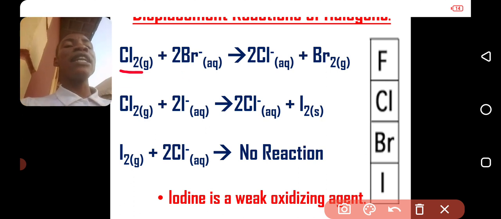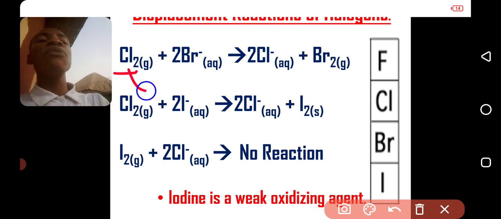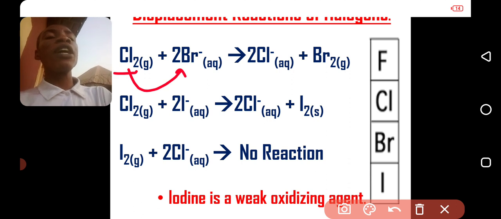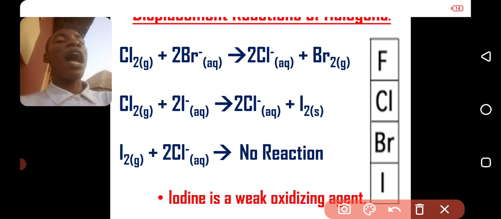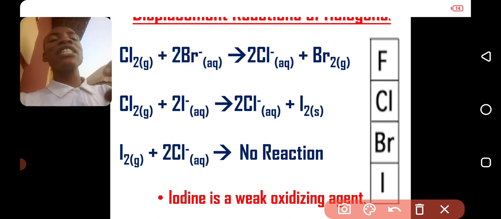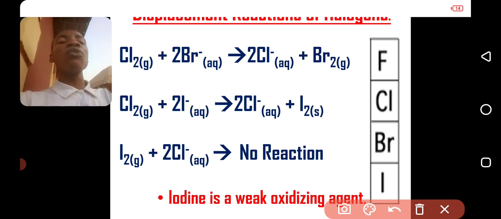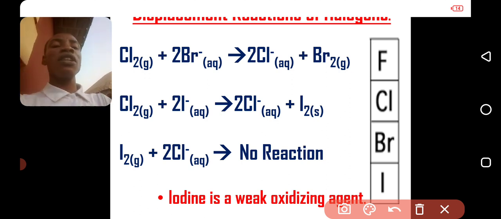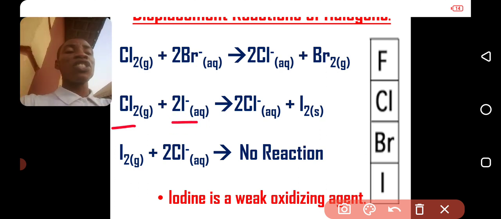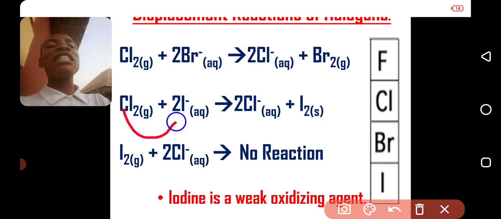So here, chlorine reacting with a sort of bromine can displace bromine to form chloride salt, and bromine will be displaced. In that place, you'll be getting a brown coloration, because bromine will dissolve in the water and give you a brown coloration. Chlorine can also displace iodine from its ion. The ion, don't forget, means salt. So chlorine is more reactive than iodine.